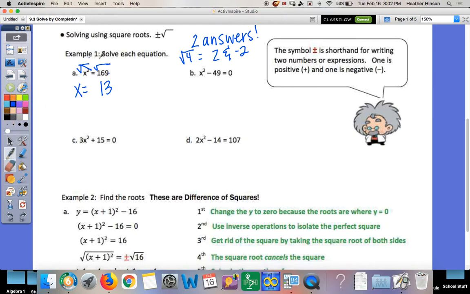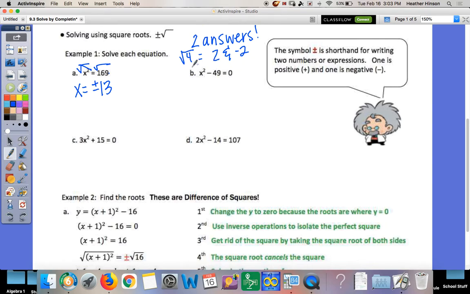So same thing here. Positive 13 times 13 is 169, but also -13 times -13. So we have a shorthand for that, so we don't have to write the answer twice. We just put a plus or minus. When you type this in the computer, you're going to type plus or minus 13, so x equals plus or minus 13. So anytime you take the square root, you're going to have a positive and a negative.